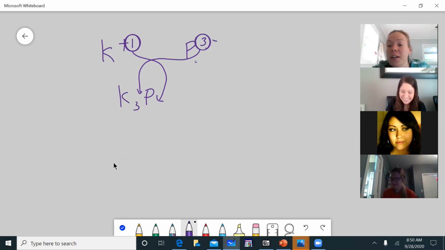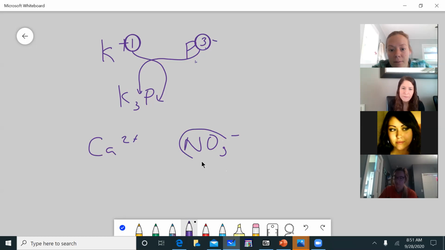The reason you do that is it's the fastest way to get it charge neutral. Let's look at calcium with a 2 plus, and then the nitrate, the polyatomic ion, NO3 minus. Treat this as a packet that has an overall -1 charge, and calcium has a 2 plus charge.